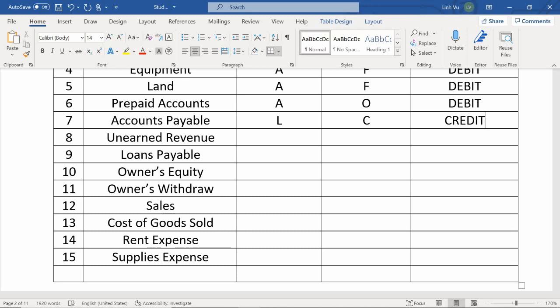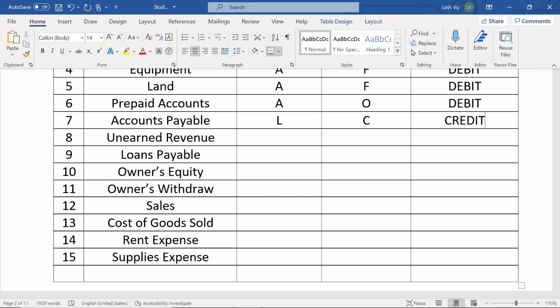What about unearned revenue, when customers pay you in advance for services? Would that be an income? Okay, so let's look at this carefully.